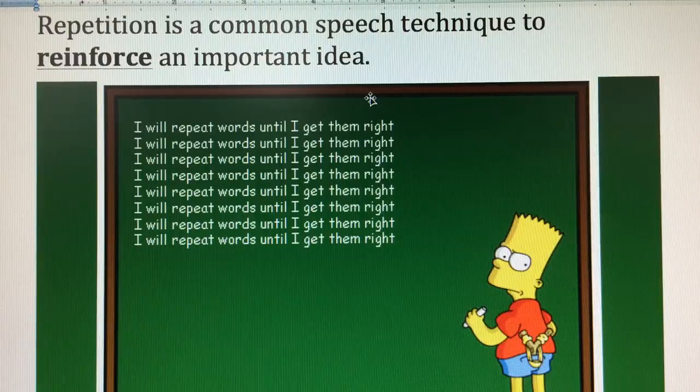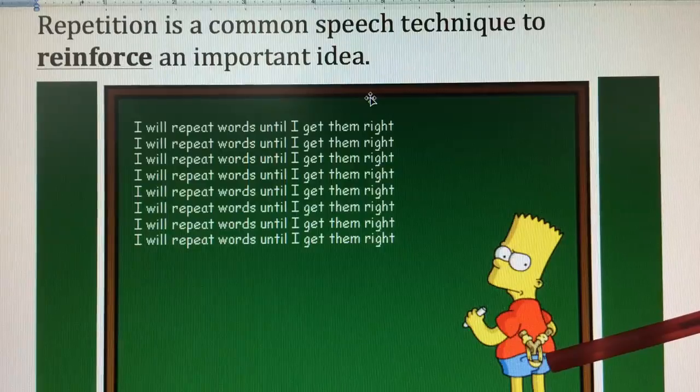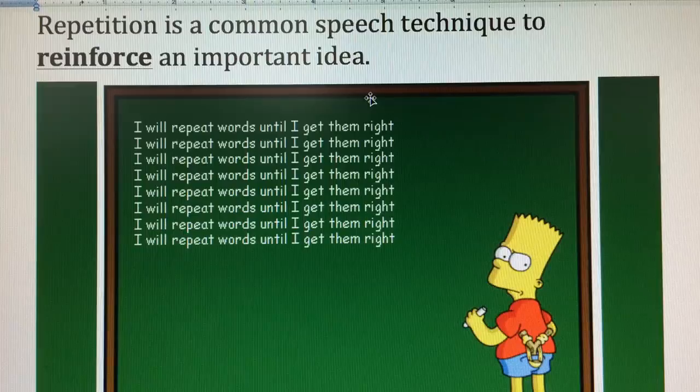That's why he has his slingshot behind him, which he uses to shoot unsuspecting other people with little rocks. Not a good thing. So he's always getting in trouble, and he's always being told, hey, you need to write on the board as a punishment, and you need to repeat what you write to reinforce your idea.